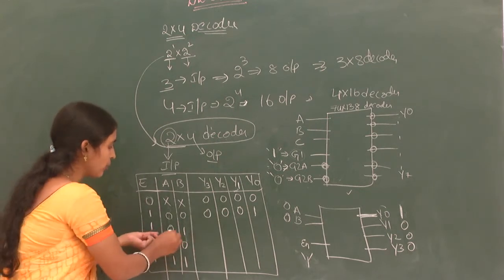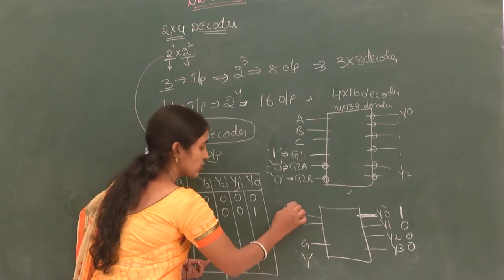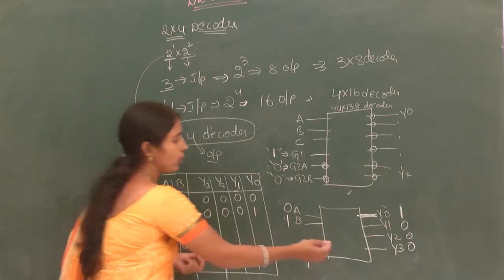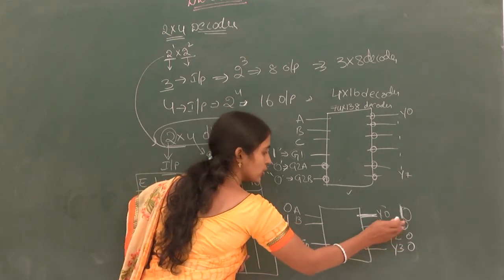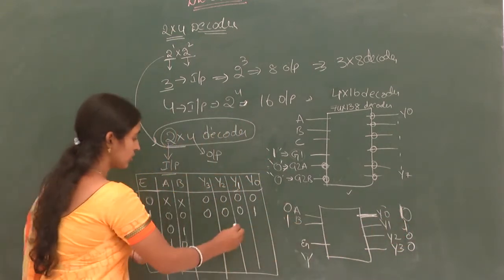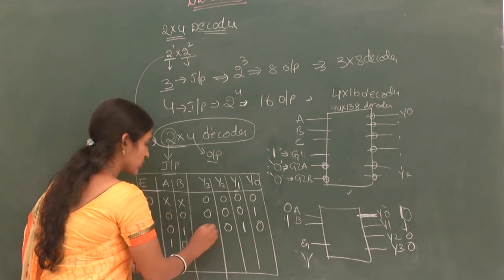If I provide input as 0 and 1, you will get output at Y1 and all other outputs will be 0.